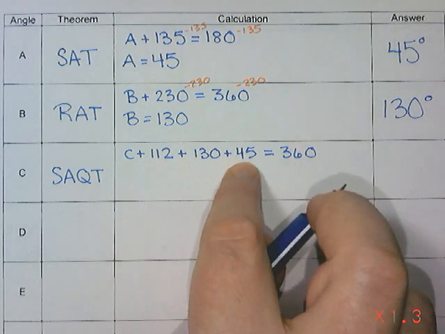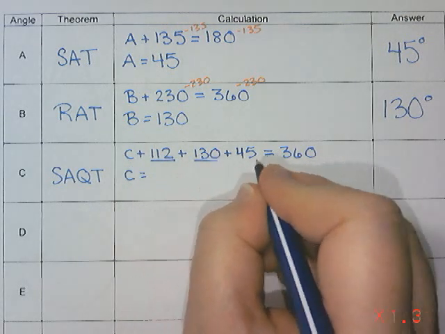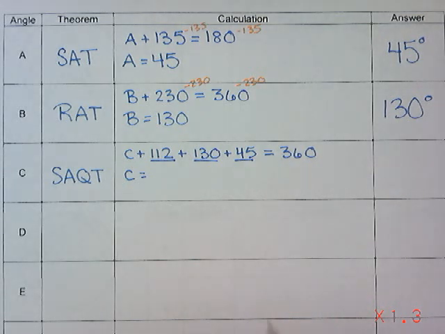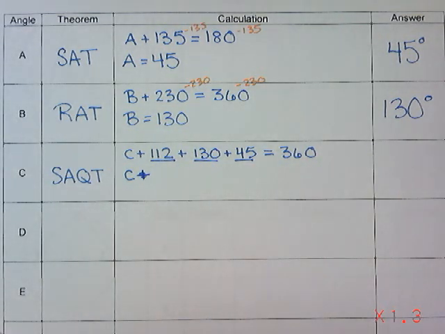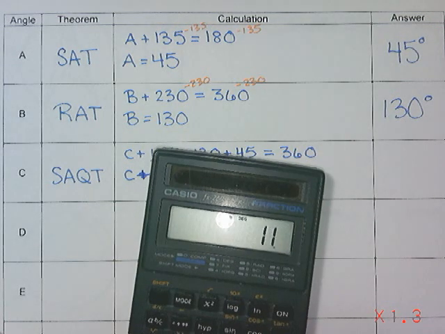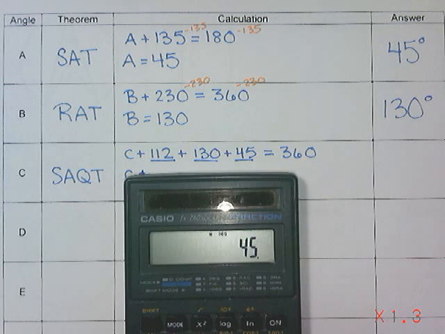I'm going to collect my like terms. So the 112, the 130, and the 45 I can add together. That shouldn't be an equal sign. It should be a plus sign. All right, 112 plus 130 plus 45. I got 287.